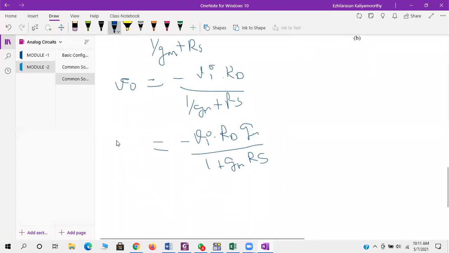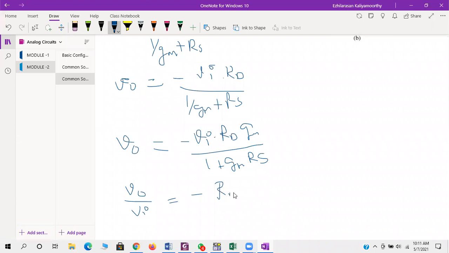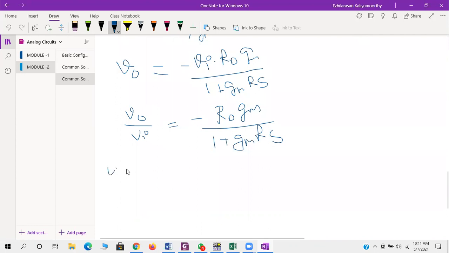Now this is nothing but V naught, correct? So take this VI down here. So V naught by VI is equal to minus RDGM divided by 1 plus GMRS.